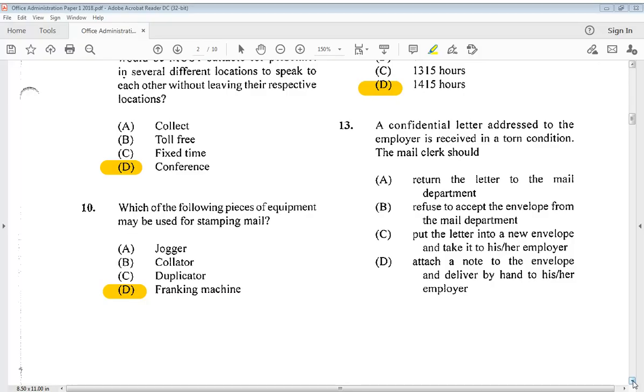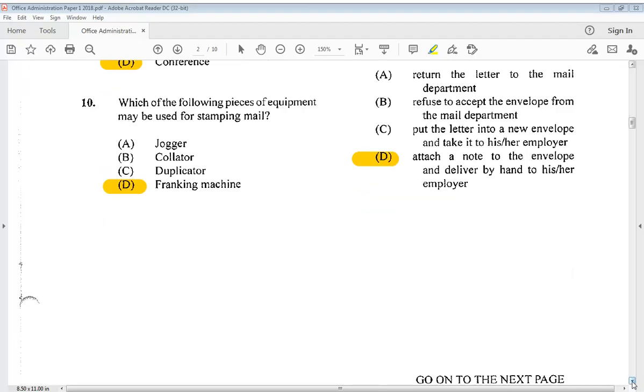So it is a confidential letter. It was received torn. So the mail clerk would have to attach a note to it and deliver it by hand to his employer. So that is what she would do in receiving that letter.